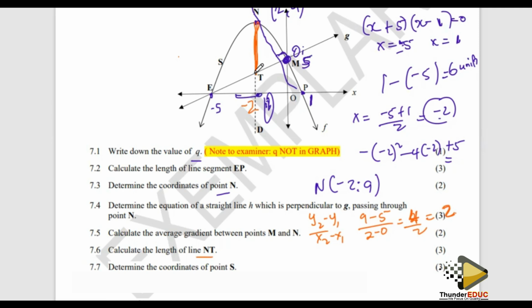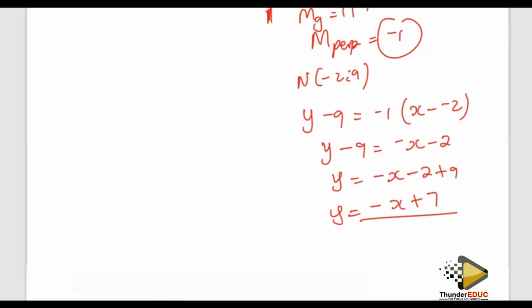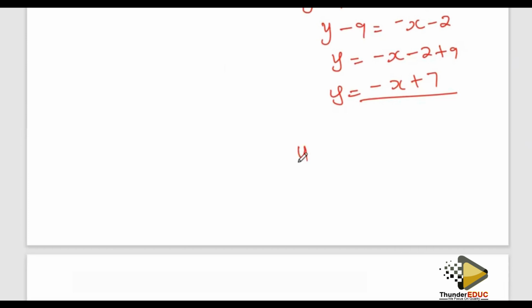You can start by getting the coordinates of T. We already have the coordinates of N. Now, since we have the gradient of 1 for G, and we also have the y-intercept of 5, we know that G is going to be Y is equal to X plus 5.